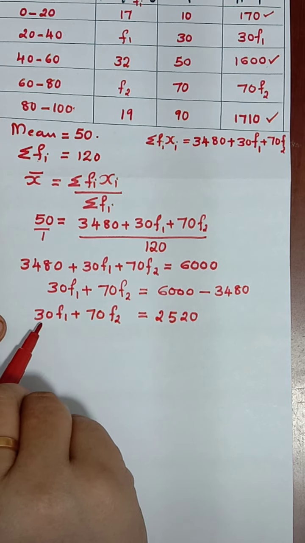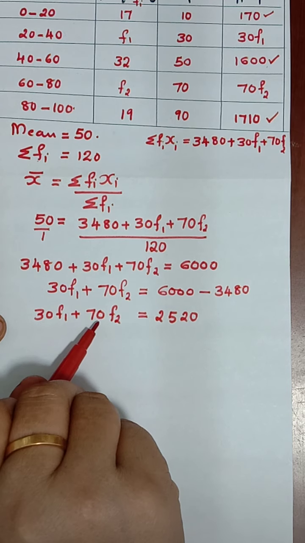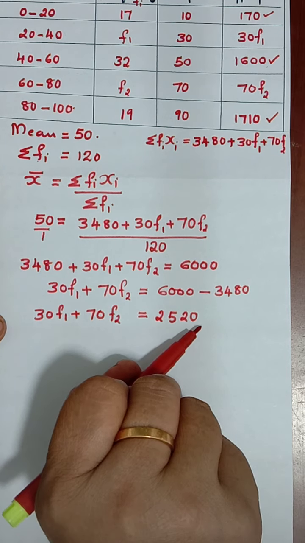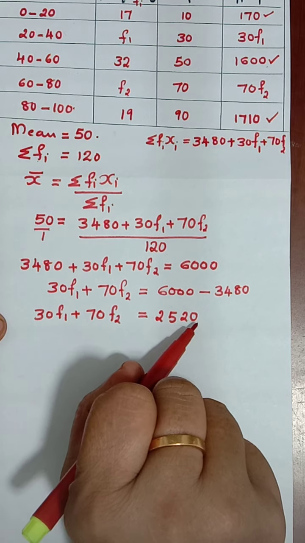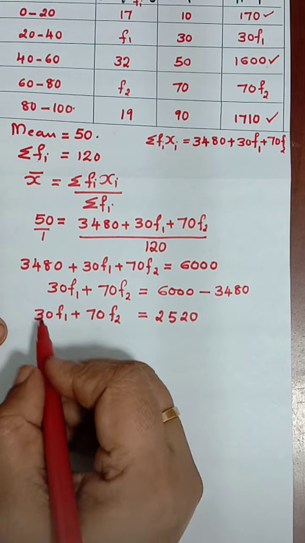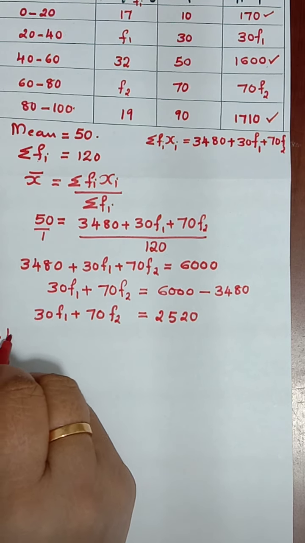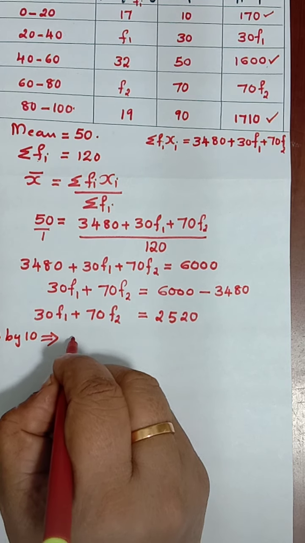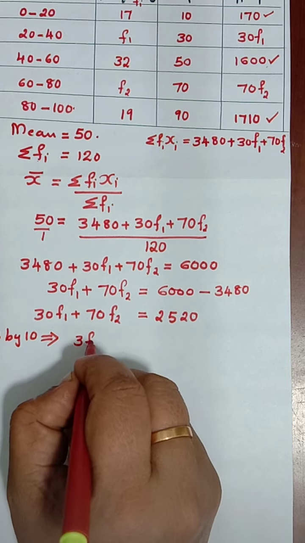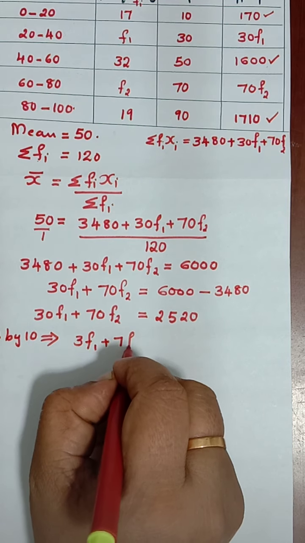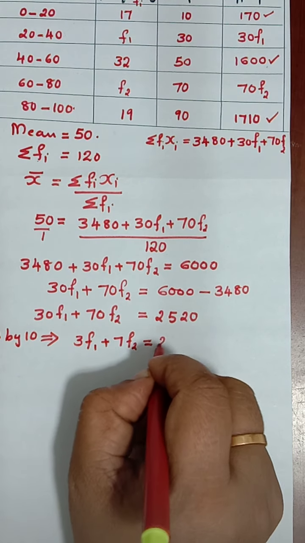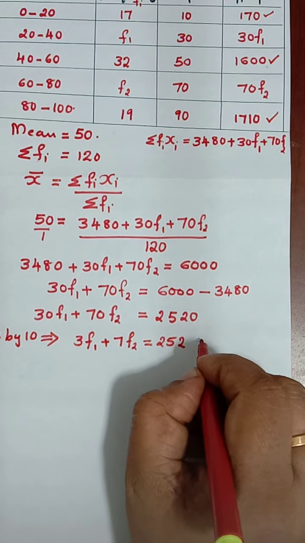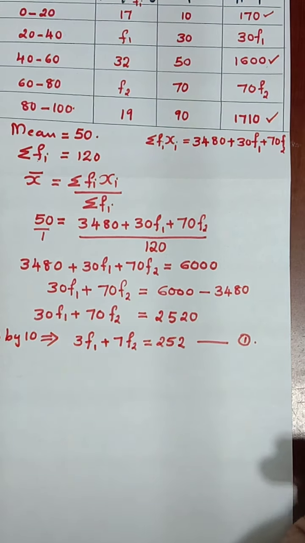Here you can see tens are there, 3 into 10, 7 into 10, 252 into 10. So throughout you are dividing by 10 in order to simplify this. So it is 3 times F1 plus 7 times F2 is equal to 252. This is one of the equations we are getting.